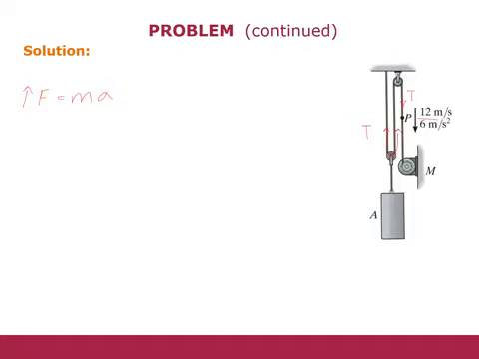So here we have the weight minus 2T. The mass is 50, and this is a_y, right? We have to calculate the acceleration by which it is moving in the upward direction.